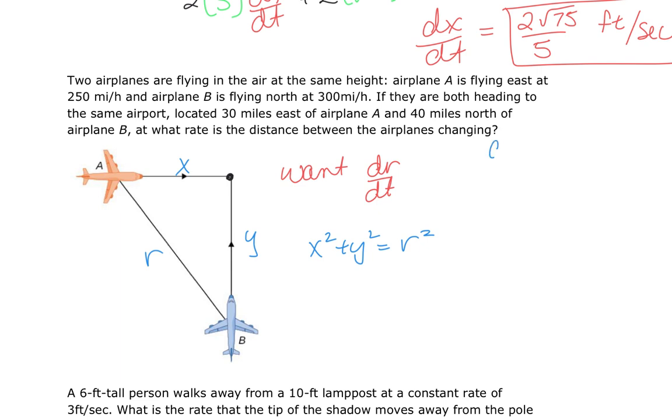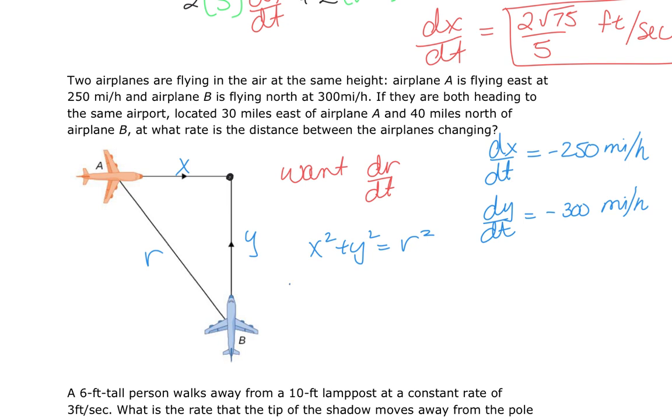I know that my dx/dt, for my airplane A, is going to be a negative 250 miles per hour because I'm getting closer to the origin. My dy/dt is going to be a negative 300 miles per hour because again I'm getting closer to the origin.